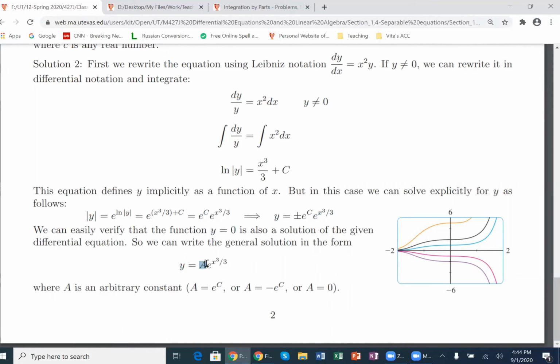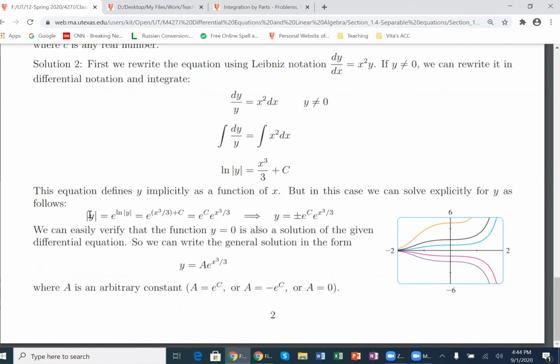Now, capital A is any constant, 0 or positive or negative. If A is equal to 0, we get this. If A is not equal to 0, we get this. So in which case is it absolute value and in which case is it plus or minus again?